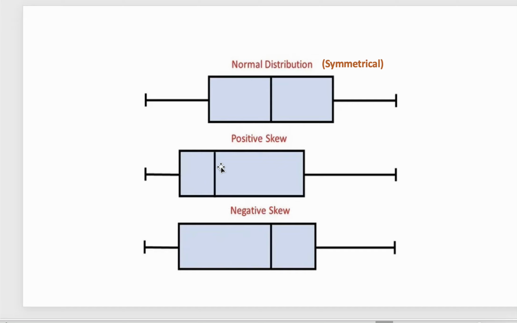It cuts it 50-50, but a lot of the data is over here. Negative skew. A lot of the data is going to be on the left-hand side. Still, there'll be 50% in the middle, but the median will be over here.